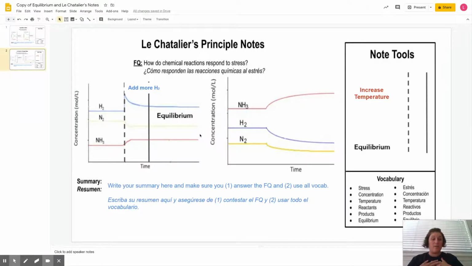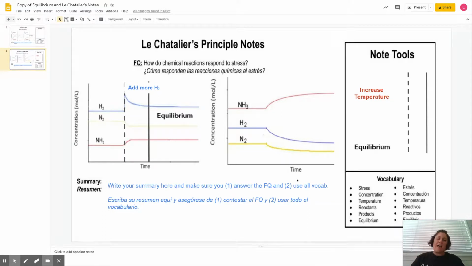So over here in this graph, we see an increase in temperature. I want you to pause the video and I want you to add the dotted line, just like we did in this first graph, to the second graph, where you think we increased the temperature.